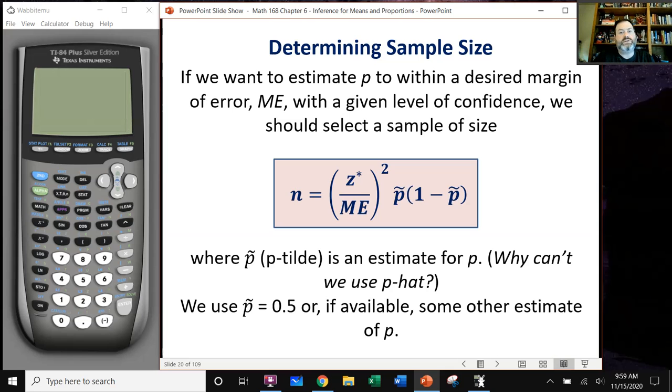Because we're trying to get our answer within a certain margin of error, this is called a conservative estimate. We want to be really, really sure. So this is the number to use, or some other estimate of P. You might be given in the problem some other estimate to use.